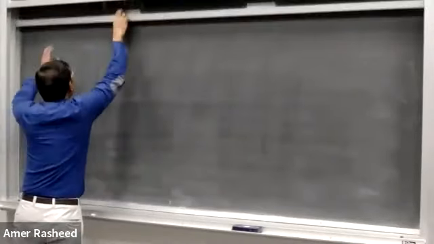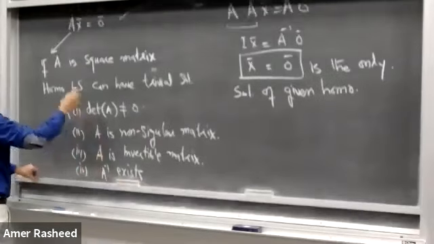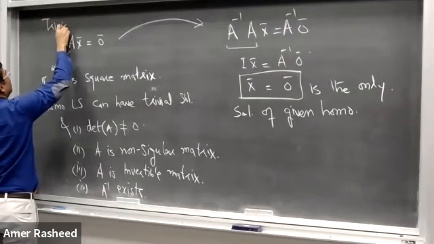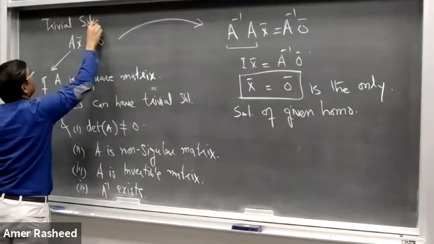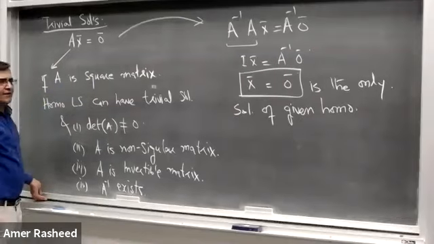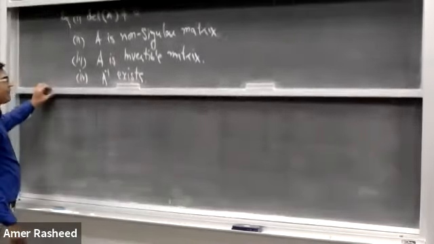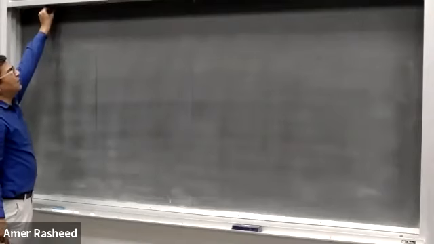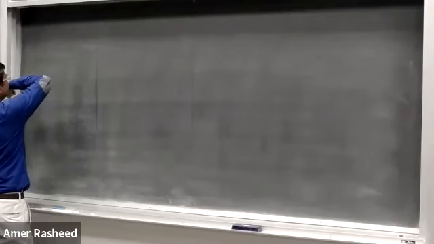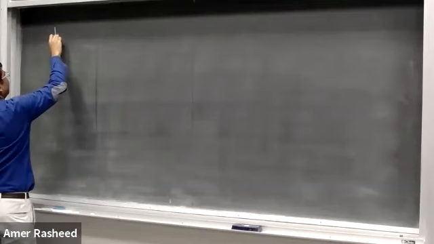This is the possibility of a unique solution. When do trivial solutions of homogeneous linear systems exist? Under this condition. Otherwise, when do homogeneous linear systems have infinitely many solutions?